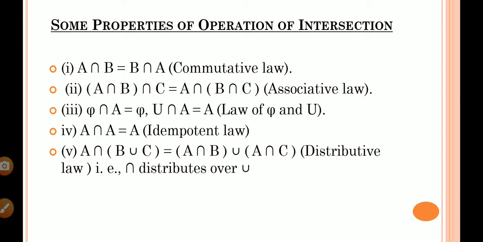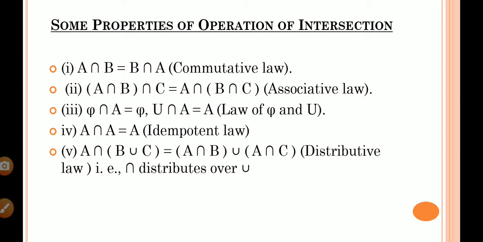A intersection B is equal to B intersection A, that is the commutative law. A intersection B intersection C equals A intersection of B intersection C is the associative law.